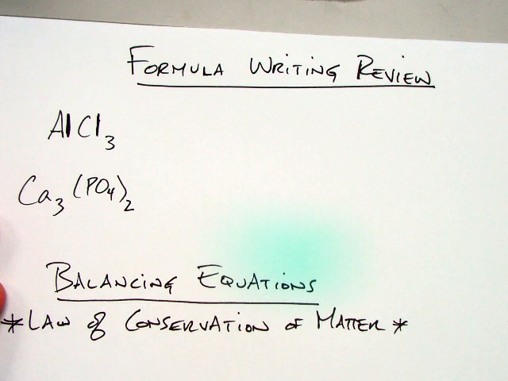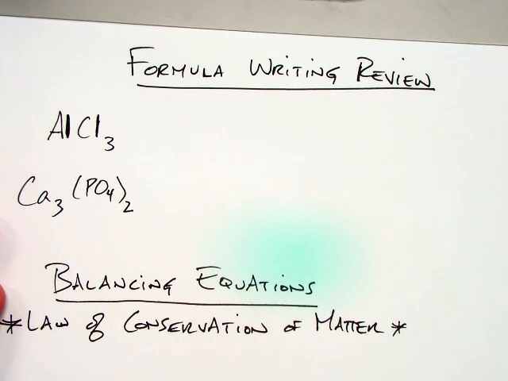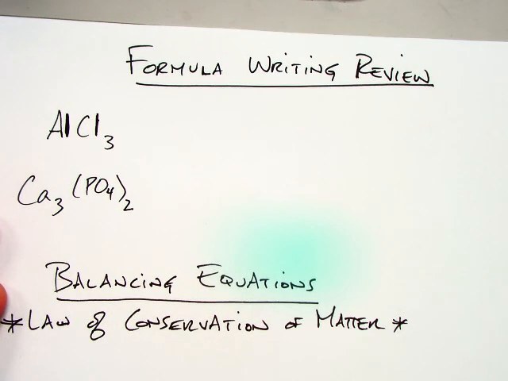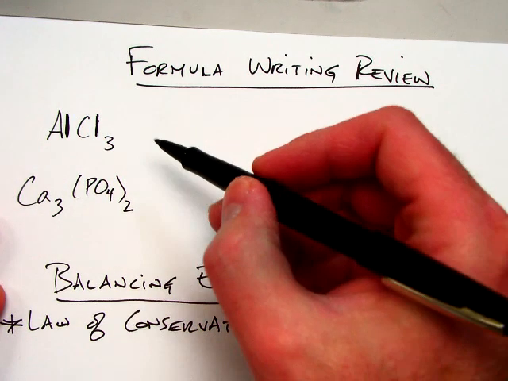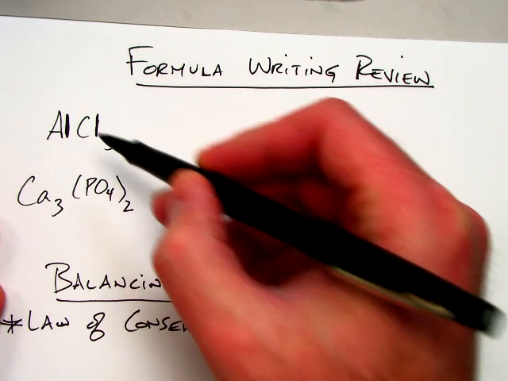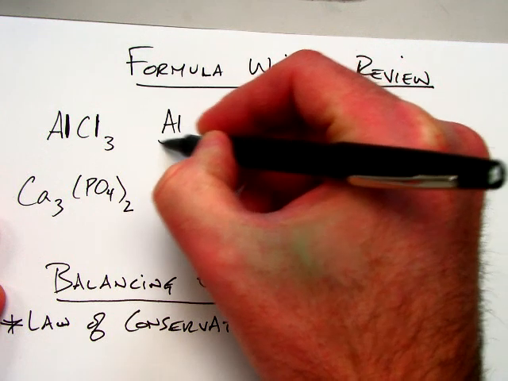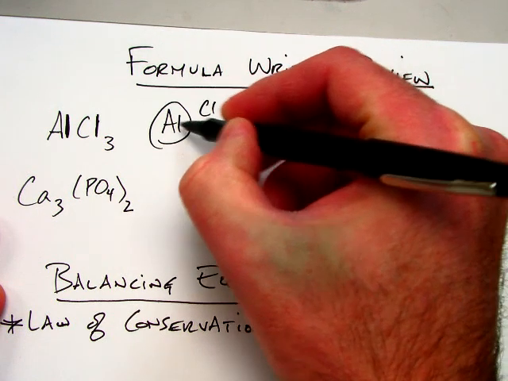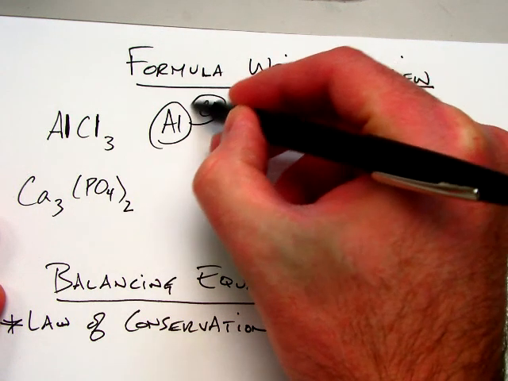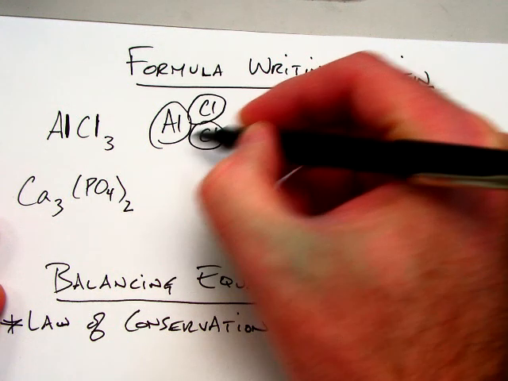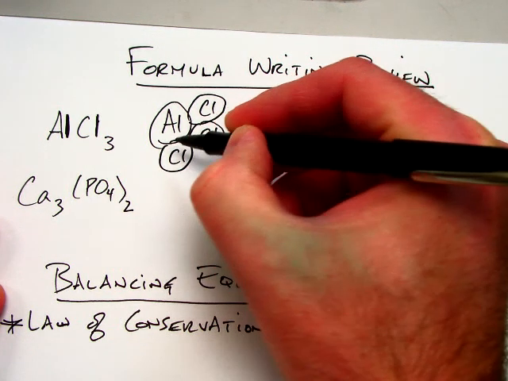Okay, and when we start to be able to write chemical formulas using ions, it'll make a little more sense. But from what we know from nuts and bolts, this 3 only goes with the Cl. So sort of in the picture, there's one Al, and there's 3 Cl. So this is sort of a nuts and bolts picture of what we see there.